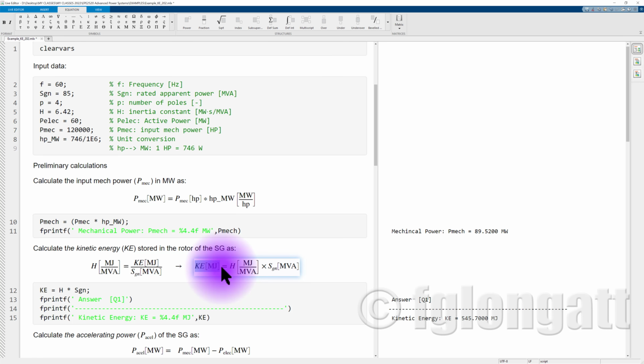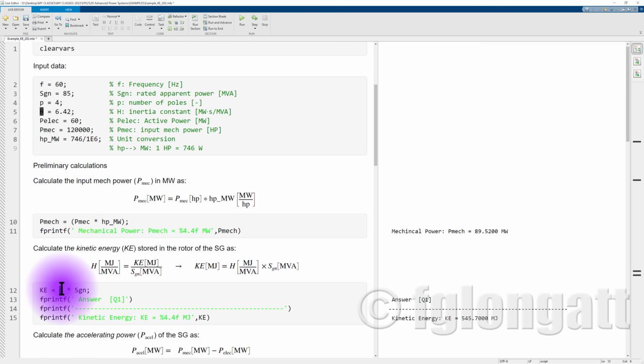From there, we can extract the kinetic energy: the kinetic energy in megajoules is equal to the rotational inertia in megajoules per MVA multiplied by the rated apparent power.